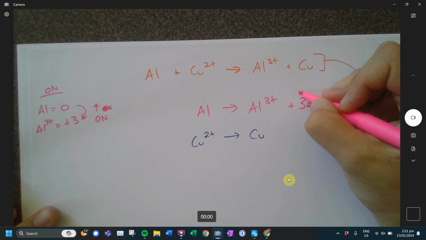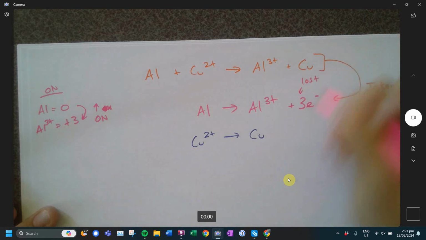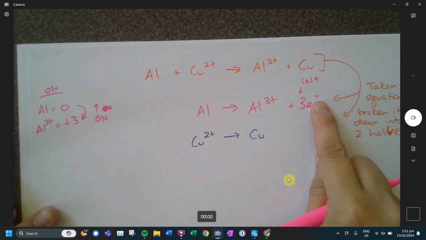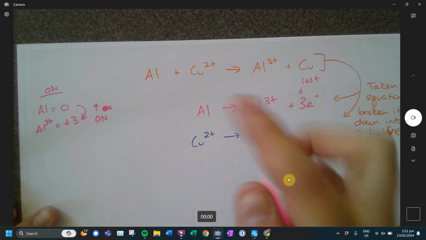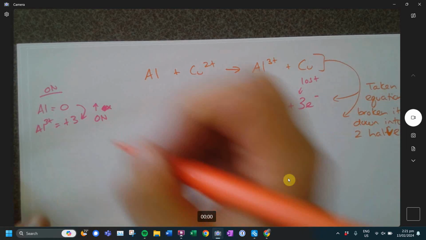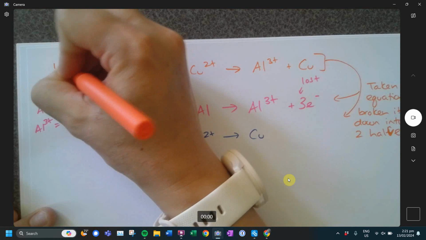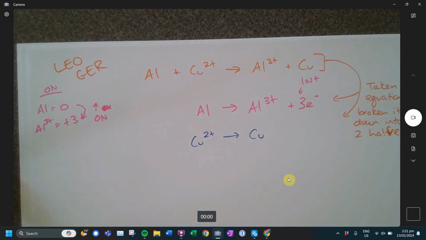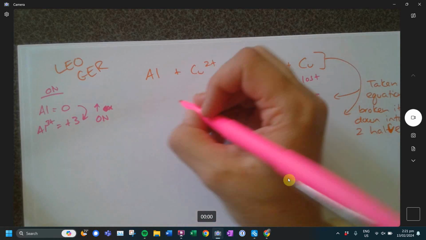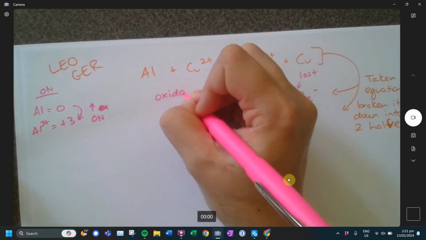So this is an example of loss. Remember, electrons are negatively charged, so if we're losing that negative charge, it becomes a positive. And if we think about the acronym that we talked about yesterday, Leo the lion says grr. Loss of electrons is oxidation. So this half equation is the oxidation half.